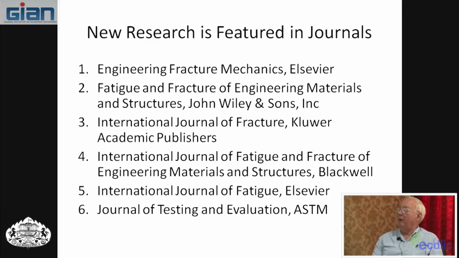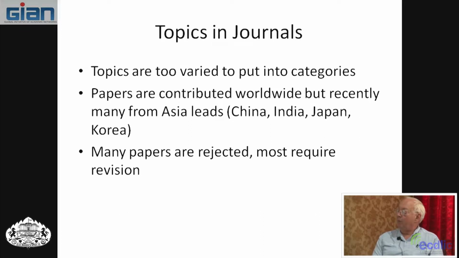One of the reasons for a high impact factor is a lot of rejection. Almost every paper that I review requires some revision. If people are not native English speakers, which happens in a lot of places, then sometimes the English writing isn't good.